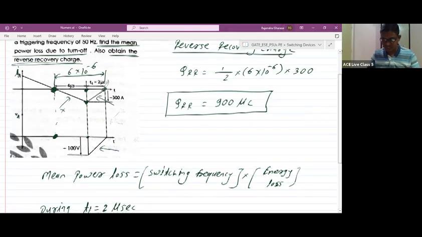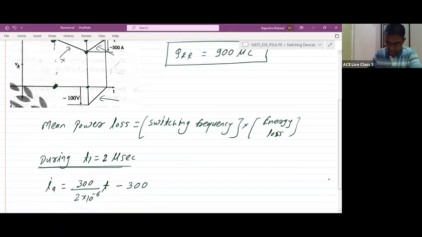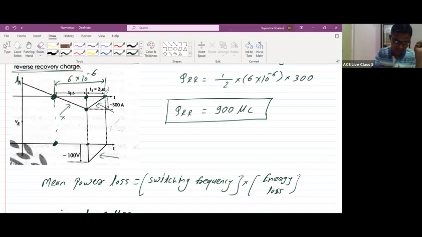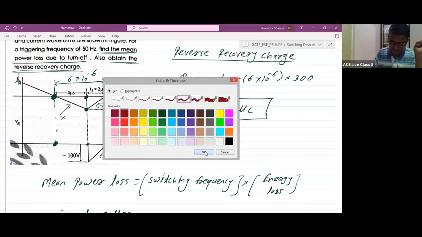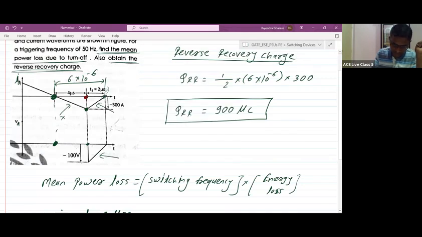So can we say that t is equal to 0 in this expression? T is equal to 0 means which point?